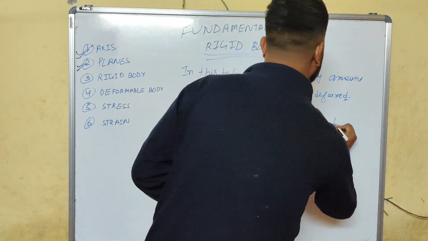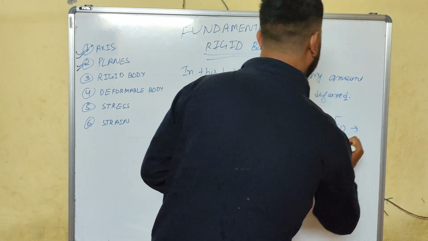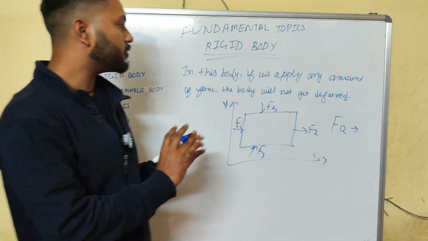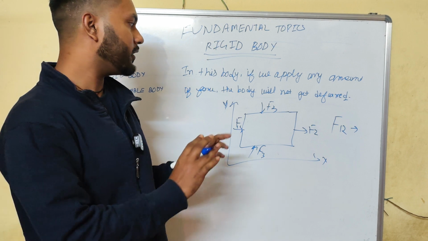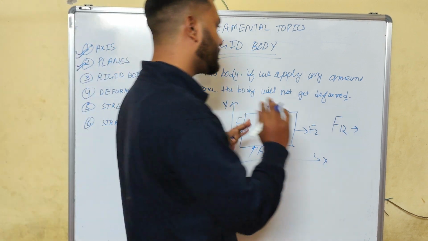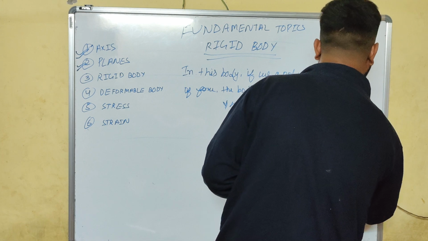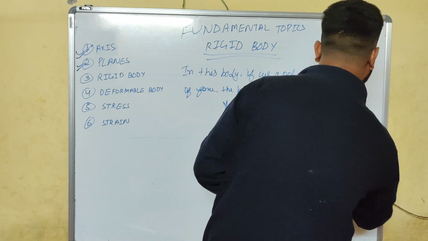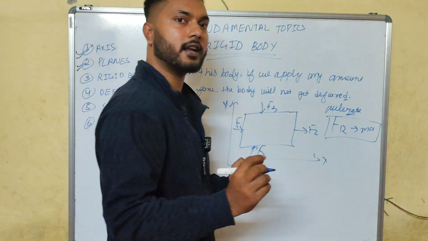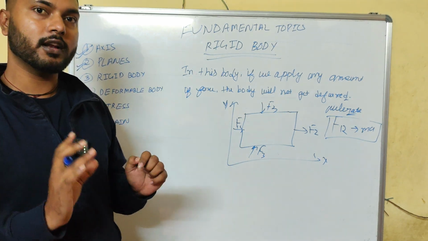So one resultant force comes out from this picture, that is Fr. Any amount of force that we apply to the body, the body will not get deformed, it will accelerate. The net resultant force tries to accelerate the body, but the body will not get deformed.